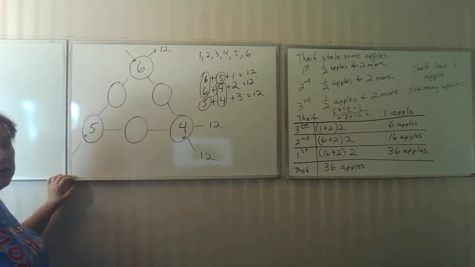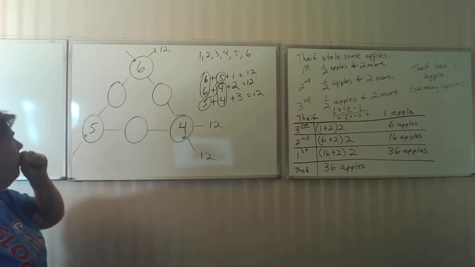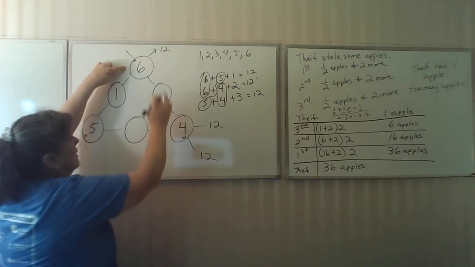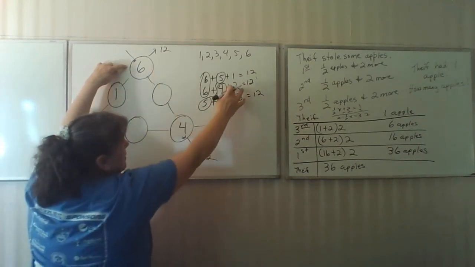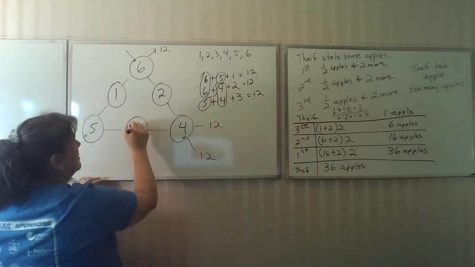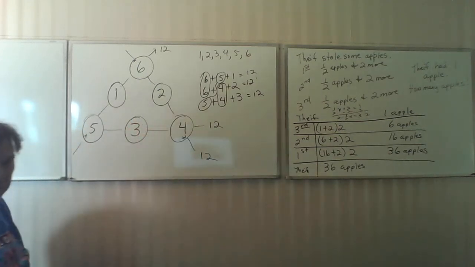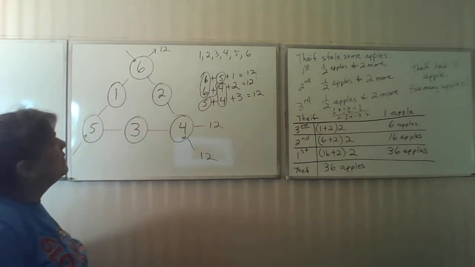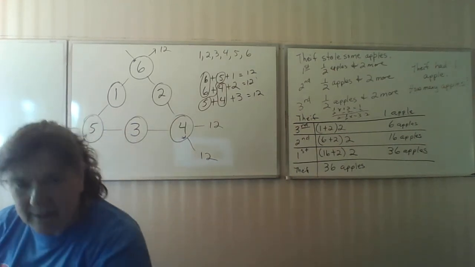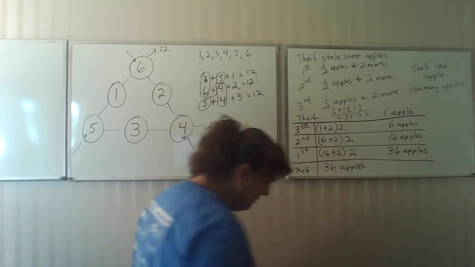A 1, 2, and 3 is what's left. So 6, 5, 1, 6, 4, so this one has to be 2, and 5, 4, this one has to be 3. So there's a logical approach to do these kinds of problems. Okay, let's look at another one.